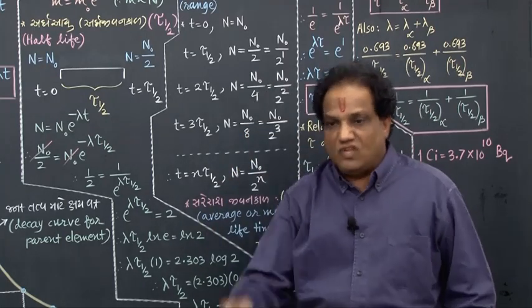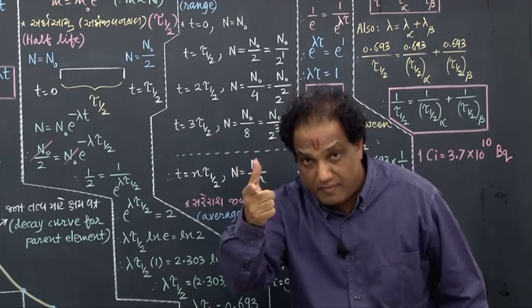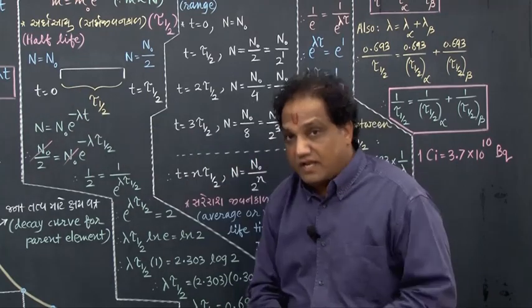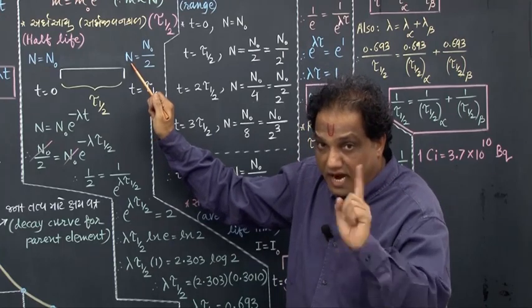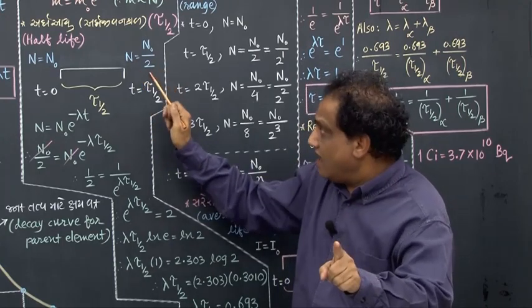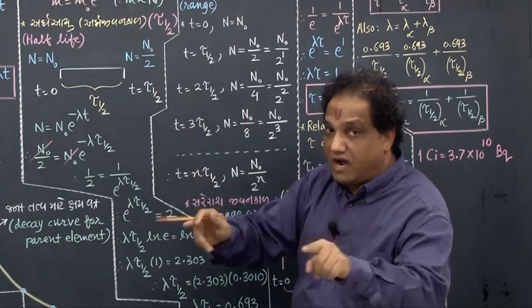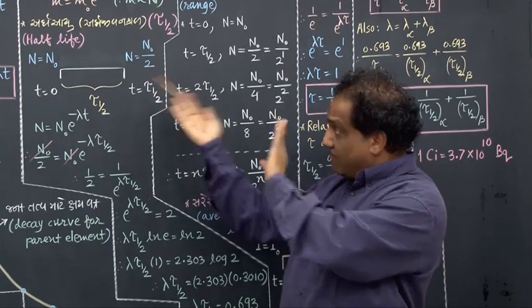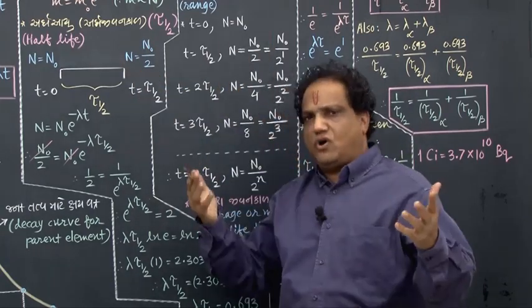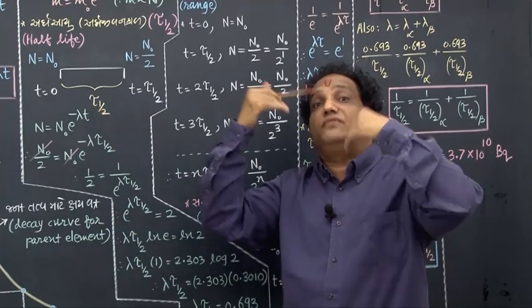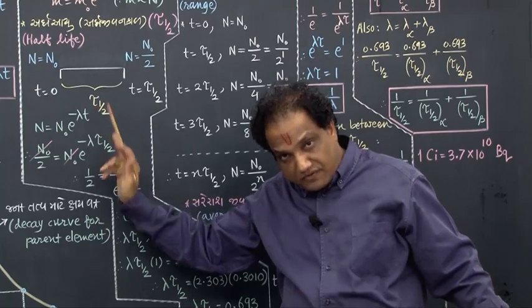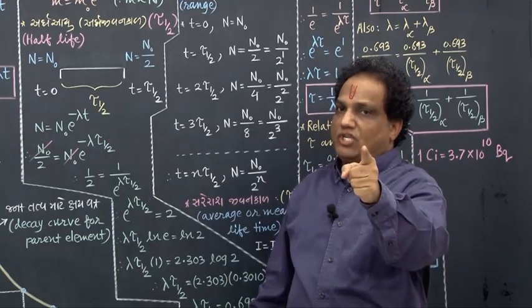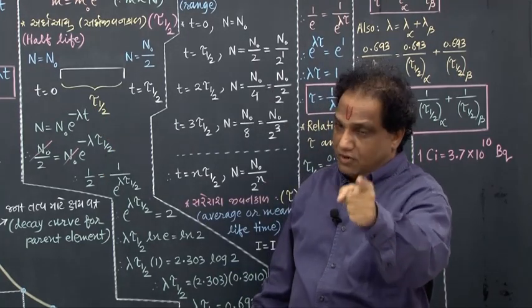I repeat, for a given radioactive element, the time interval at the end of which the number of undisintegrated atoms becomes half of the number before that time interval is called the half-life of that radioactive element, shown by symbol tau half. Come on, recall the exponential law which you have just now derived.